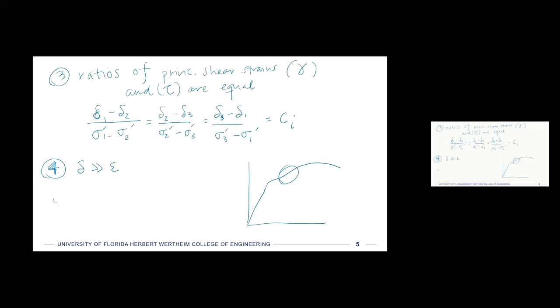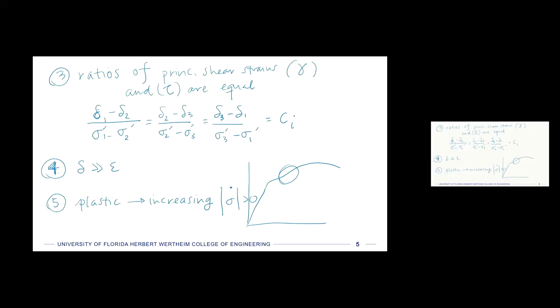And then the last assumption is that plastic deformation can only happen for increasing loads. Basically, the absolute value of the applied stresses has to be going up, so the rate is greater than 0.